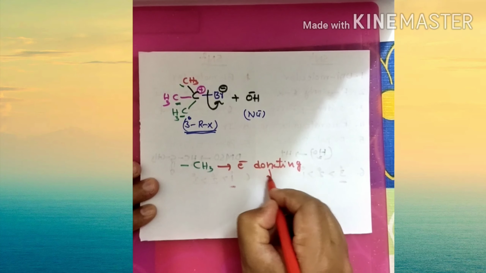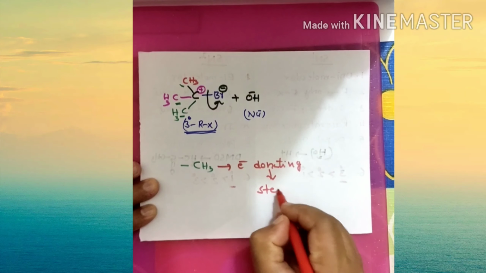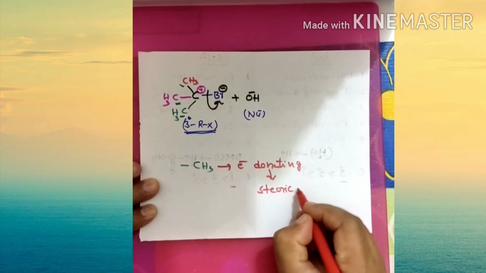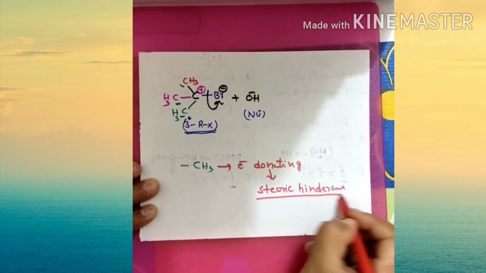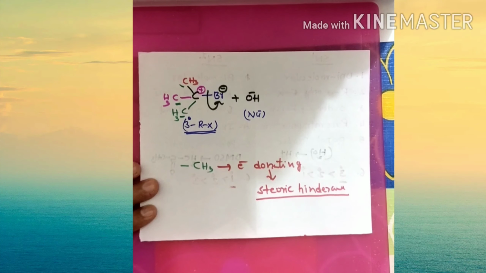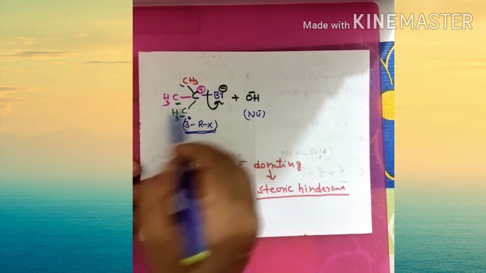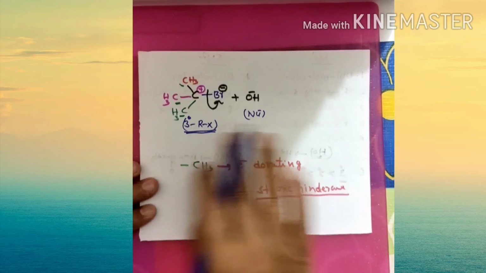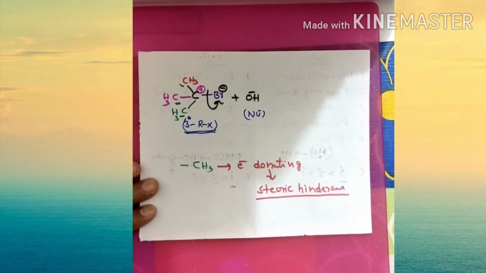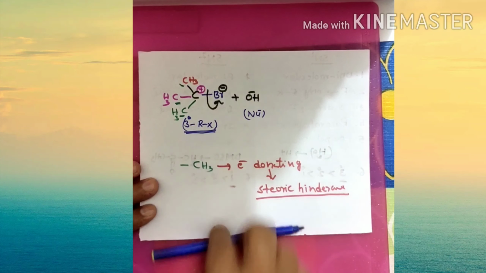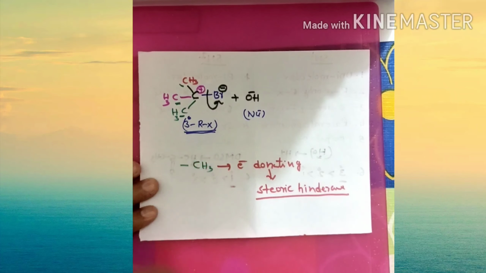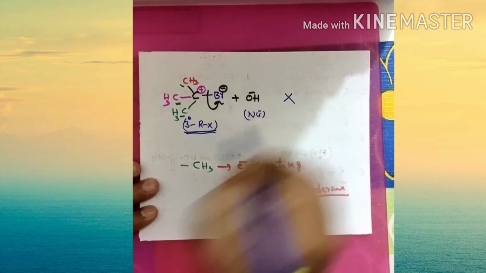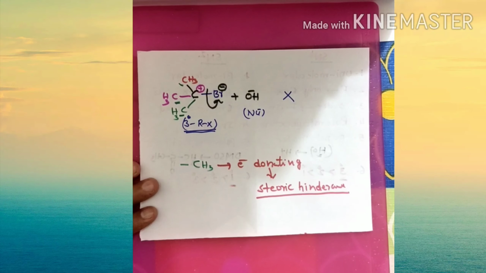These electron donating groups cause steric hindrance, meaning they are not ready to give space to attack. They oppose the upcoming nucleophile. That's why this OH minus is not capable of attacking this carbocation. So there is no reaction because of steric hindrance.